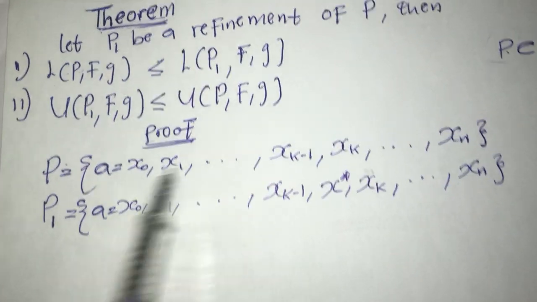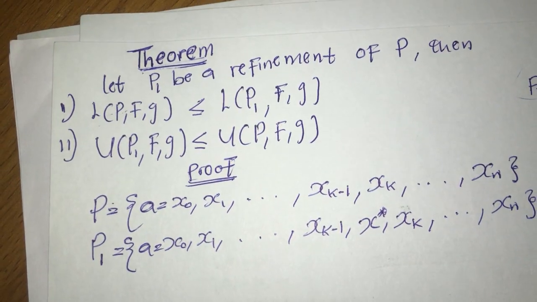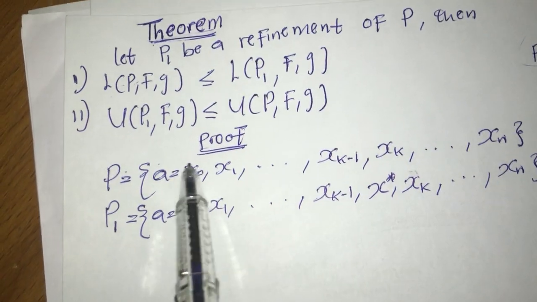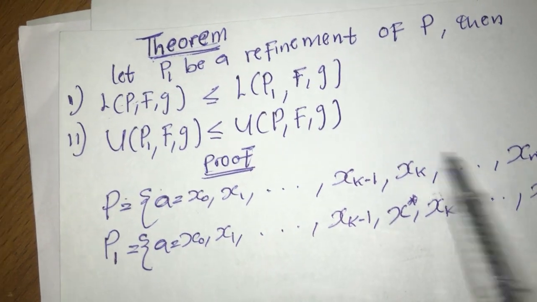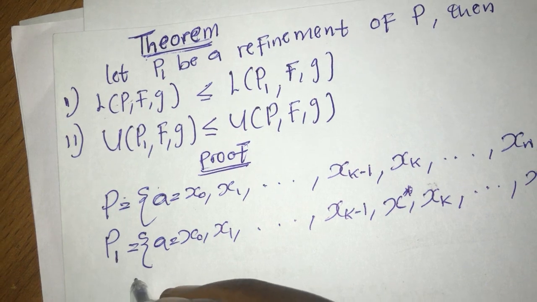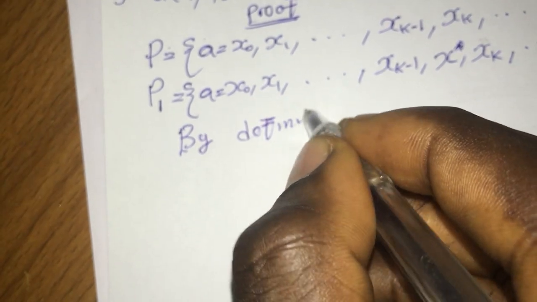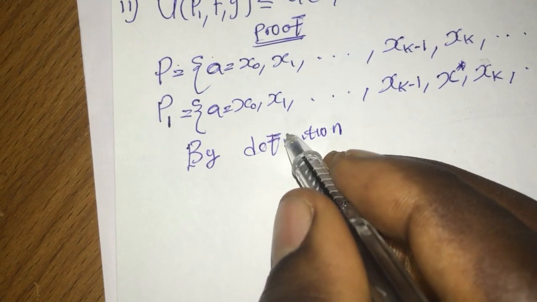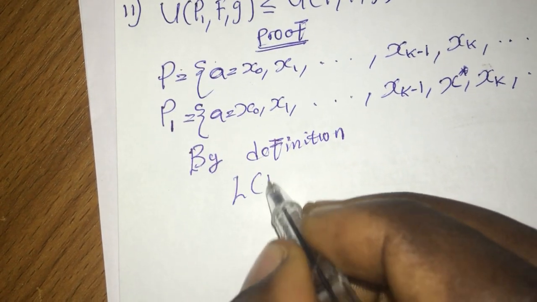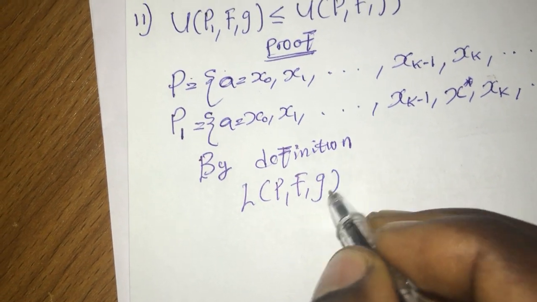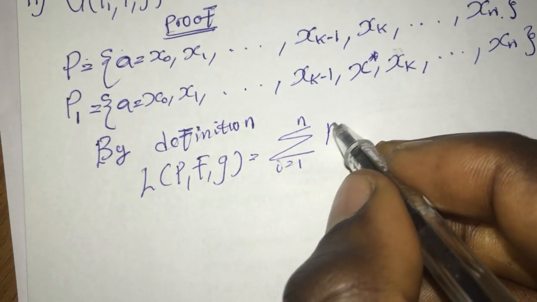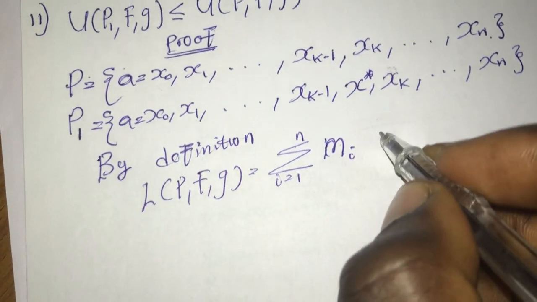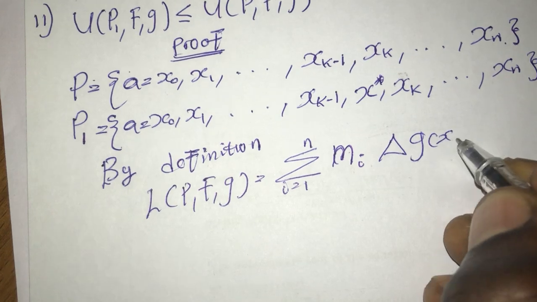Now we have this. Our normal definition for lower sum is from 1 to n, whereby there is no intervention. Whereby you want to define the lower sum by definition, we have L(P, f, g) equal to the summation from i equals 1 to n of small m_i delta g_i.